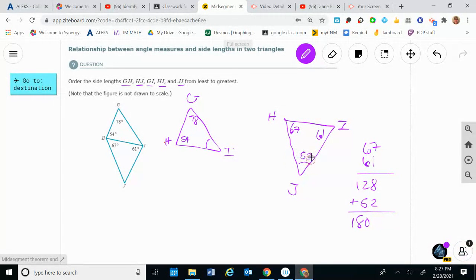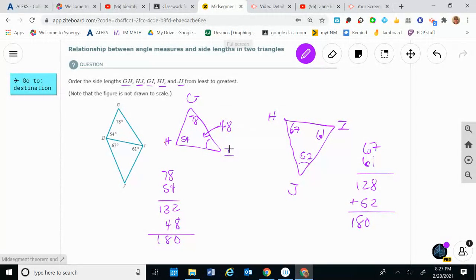I just did it like that because it's a fun way to do mental math. 78, 54, that's 12, carry the 1, 8 plus 5 is 13, 132, 48 equals 180. All right, so that one is 48.